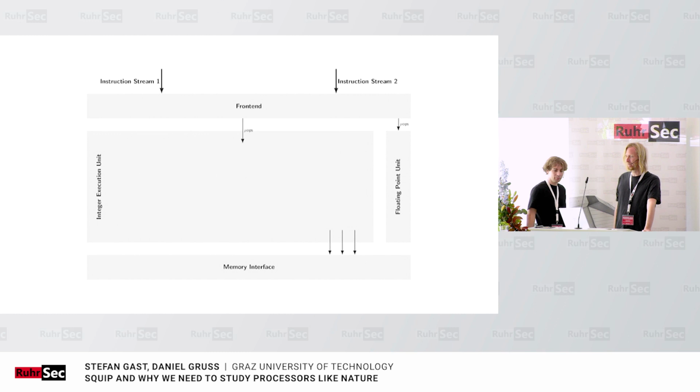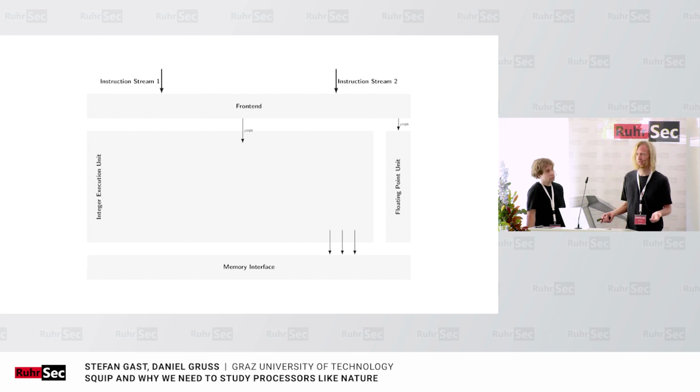So we also have to understand how such a CPU pipeline works. We have these 2 instruction streams. They come from the 2 hyperthreads the CPU supports. They get to the front end.